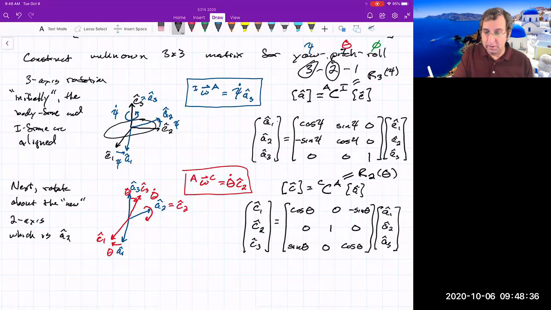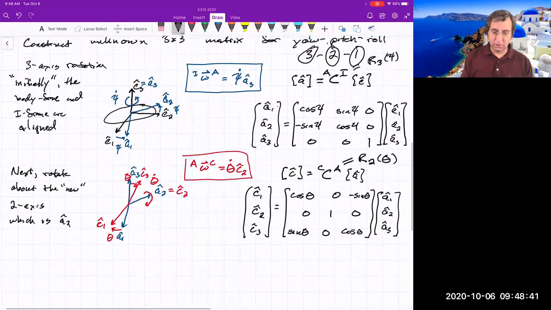Now the final one is we'll do a final rotation about the new number 1 axis. And so the new number 1 axis would be this one here.